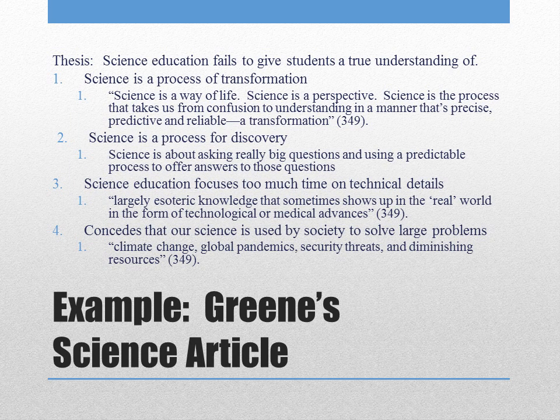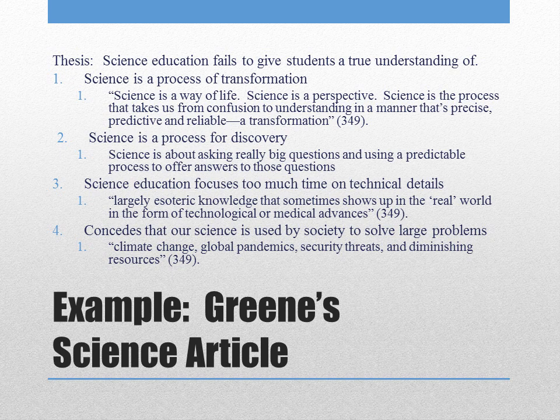Here's an example of the T123 where I have gone ahead and added some of the subpoints that Green offered into the T123. Notice that we have the main point that science is a process of transformation, but then I pulled a quote out of the original article that is his evidence for that, or that is what he's talking about. Science is a way of life.